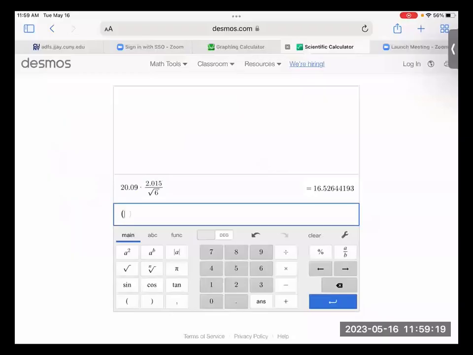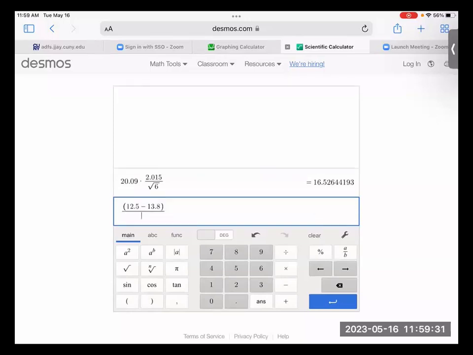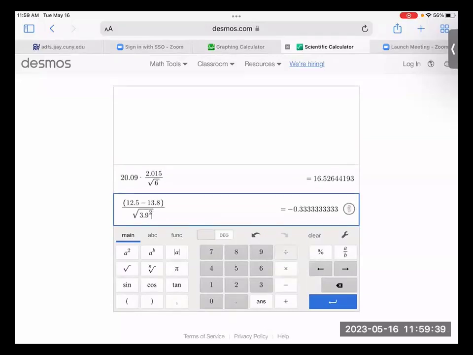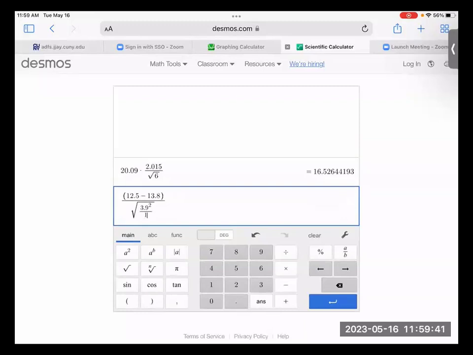So let's try to do it on the calculator here. I'm going to start out with the numerator between parentheses, 12.5 minus 13.8, close the parentheses, divided by the square root of 3.9 squared divided by 14.